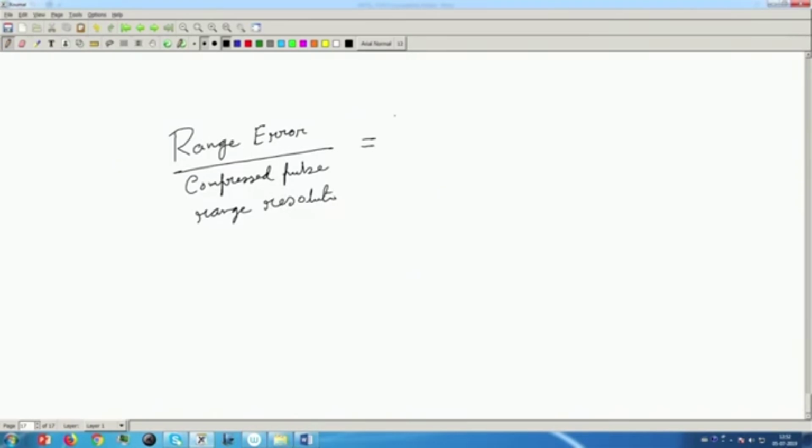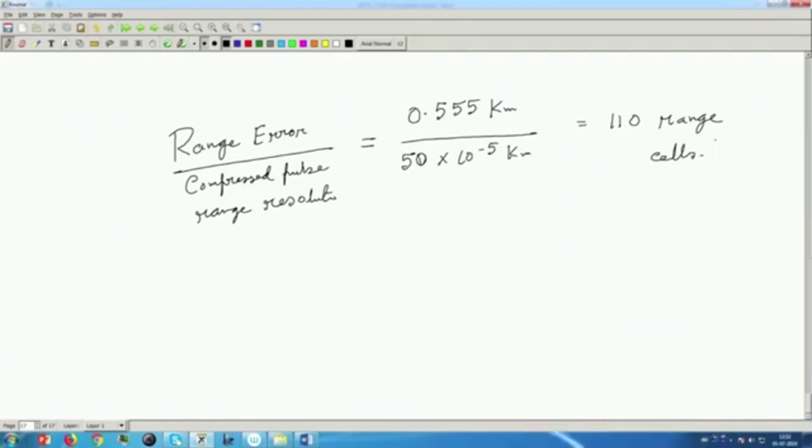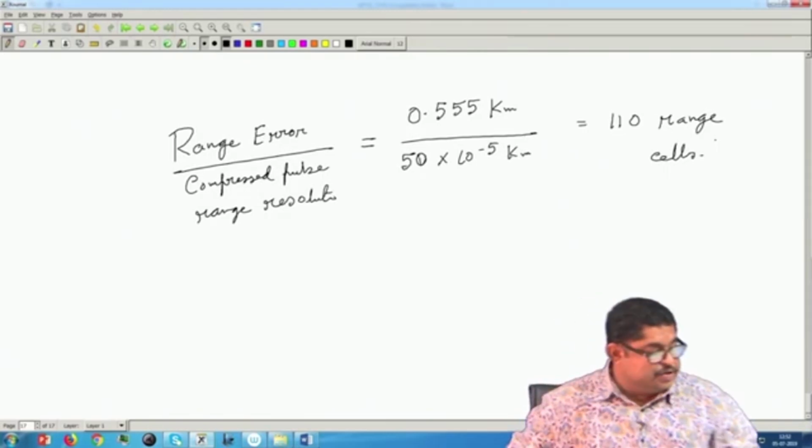The range error was 55 meters, so that is 0.055 kilometer. The resolution also is 50 into 10 to the power minus 5 kilometer. So, that will be 110 range cells. This error will lead to the range changing by 110 range cells.